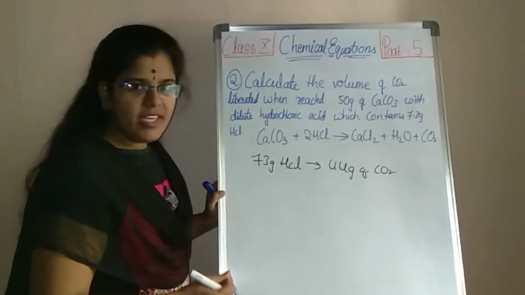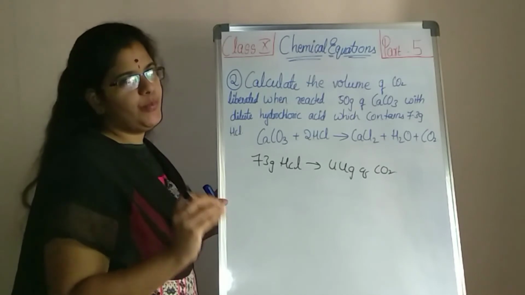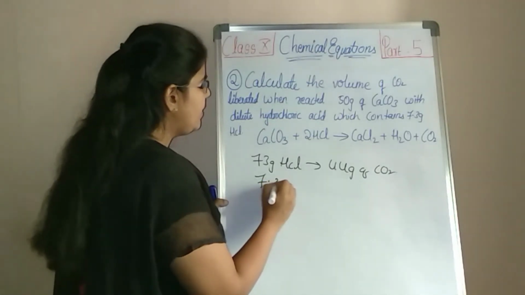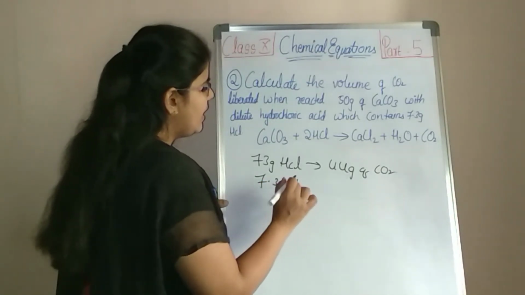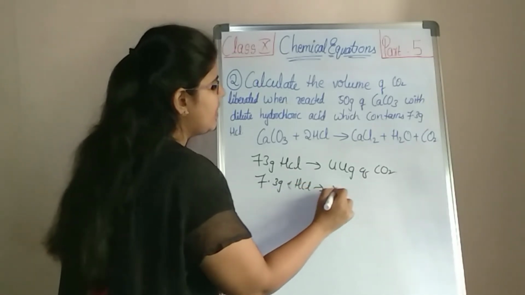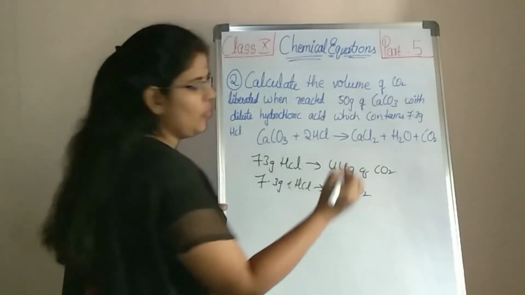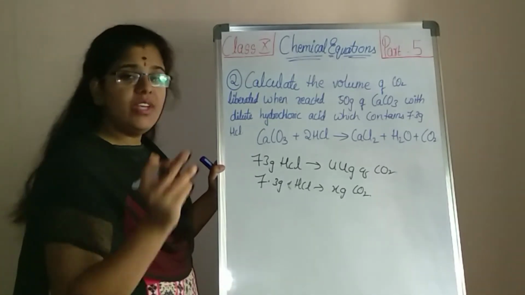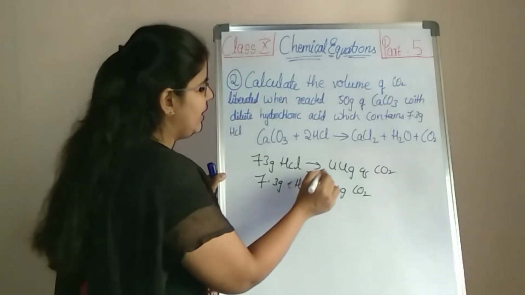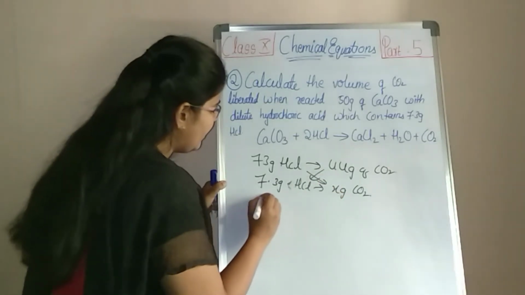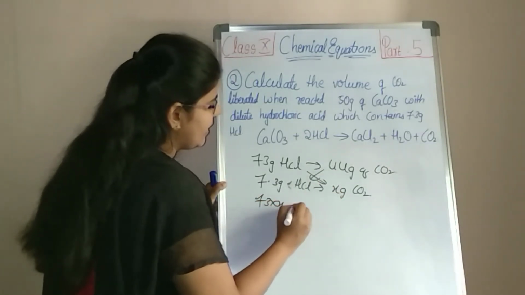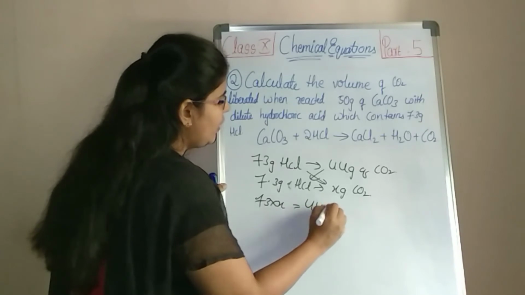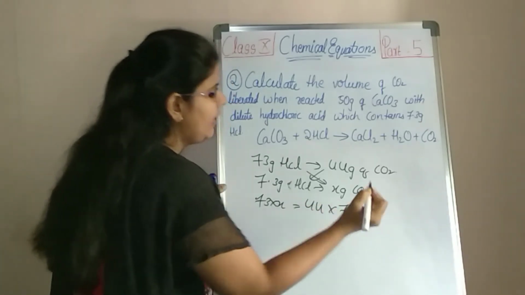But how much is available now? Only 7.3 grams. So 7.3 grams of HCl gives rise to X grams of CO2. We don't know how many grams of CO2 we are going to get, so let us do cross multiplication. So 73 into X is equal to 44 into 7.3.